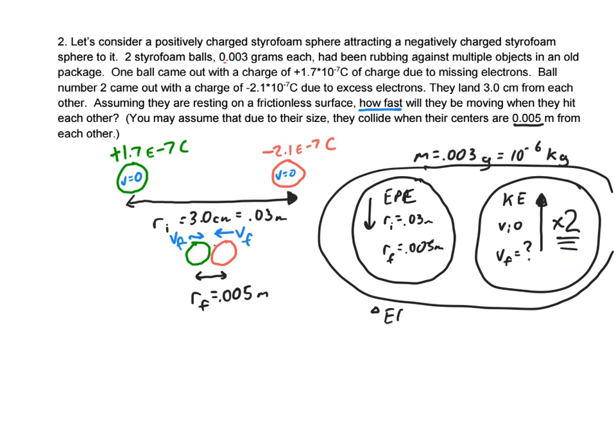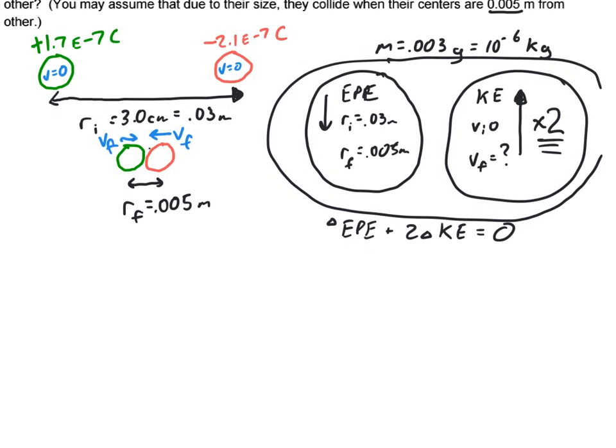Change in electric potential energy plus 2 times the change in kinetic energy of one of them is equal to 0. The change in electric potential energy is k q1 q2 times 1 over r final minus 1 over r initial, plus 2 times 1/2 m times v final squared minus v initial squared.